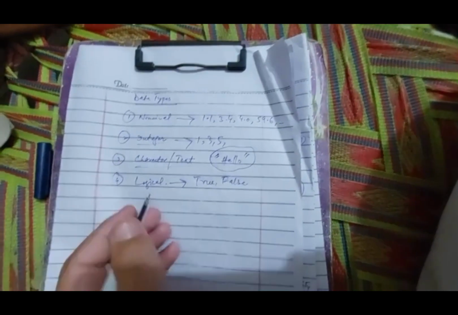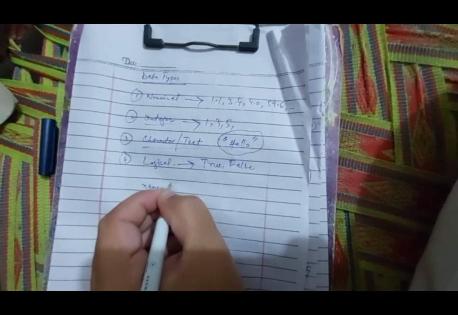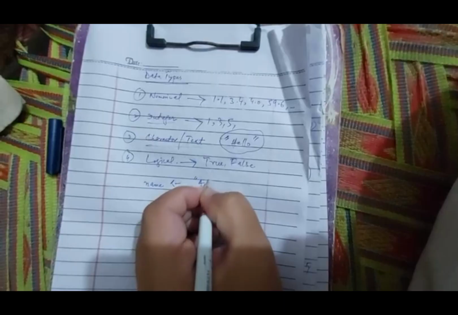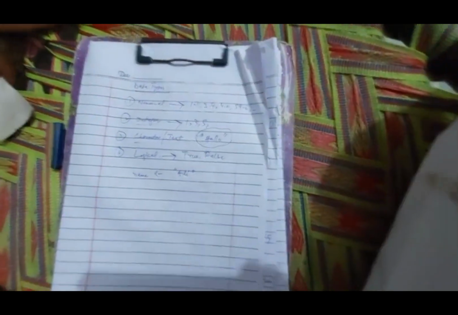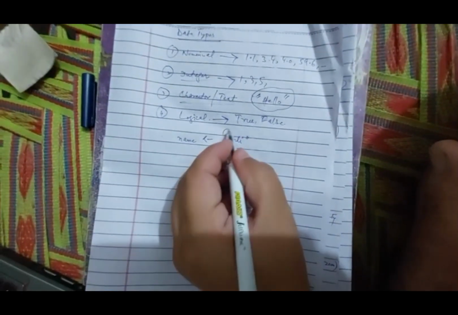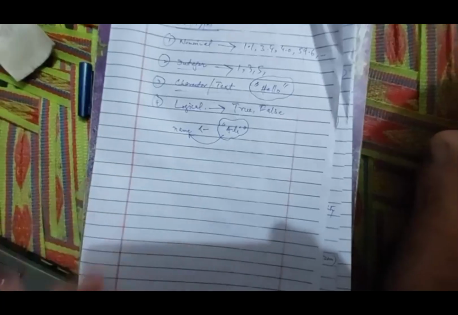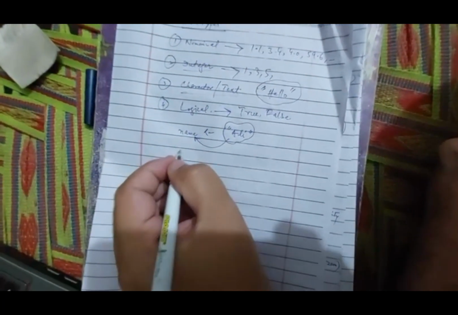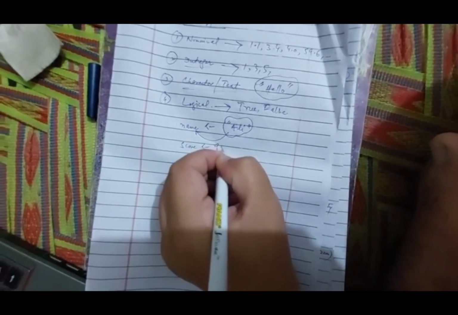Okay, for example, I want to have name, and I assign it Ali. Now this text is saved in this variable. For example, score, and I assign the value 95.